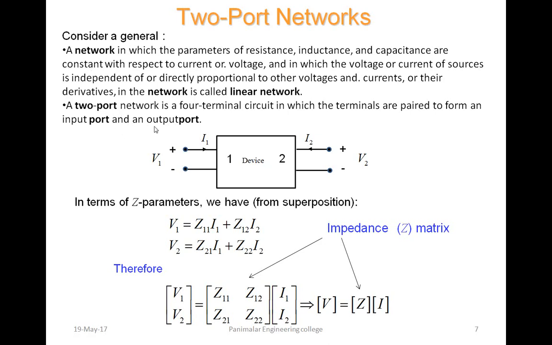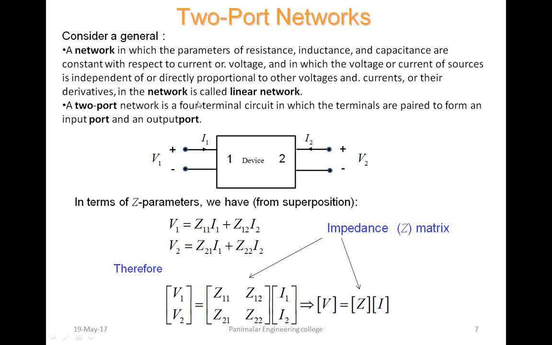A linear network can be defined like this: one in which the parameters of resistance, inductance, and capacitance are constant with respect to current or voltage, and in which the voltage or current of sources is independent of or directly proportional to other voltages and currents or their derivatives in the network.